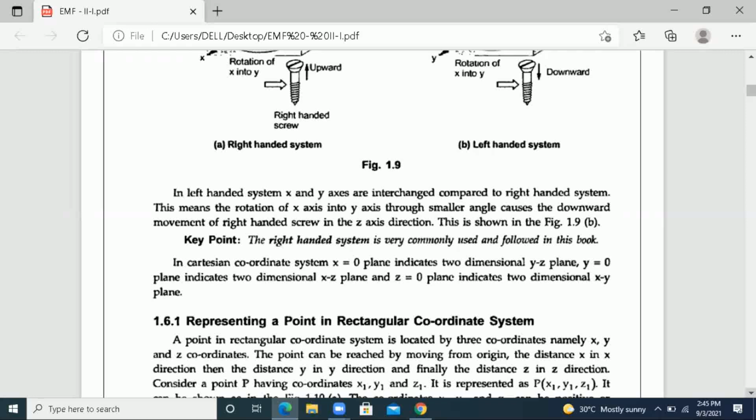This means the rotation of X-axis into Y-axis through smaller angles causes the downward movement of the right-handed screw in the Z direction. For the most part, we are going to be using the right-handed system.